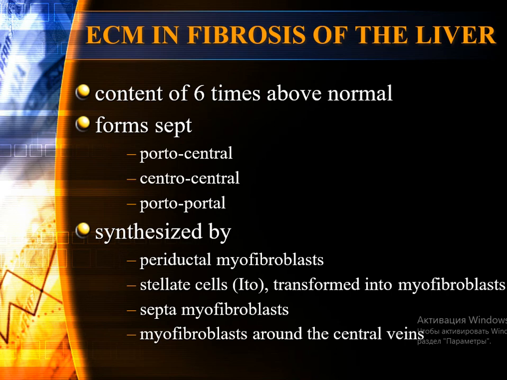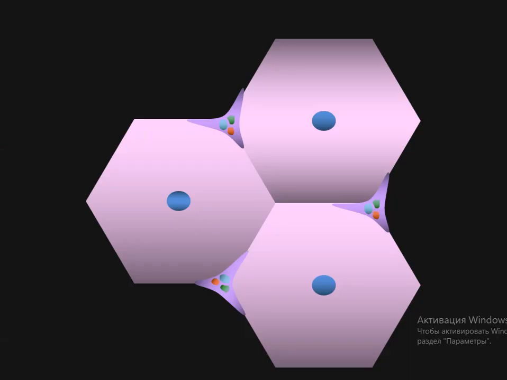So they could be porta-central, centro-central, and porta-portal. And in case of fibrosis, extracellular matrix is synthesized by periductal myofibroblasts, by eta cells transformed into myofibroblasts, by septal myofibroblasts, and by myofibroblasts around the central veins.